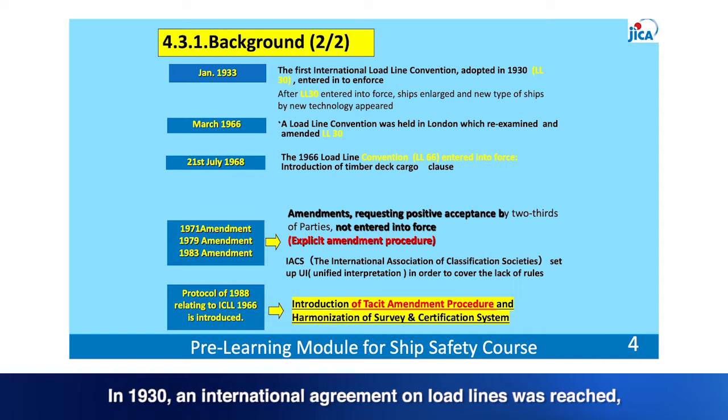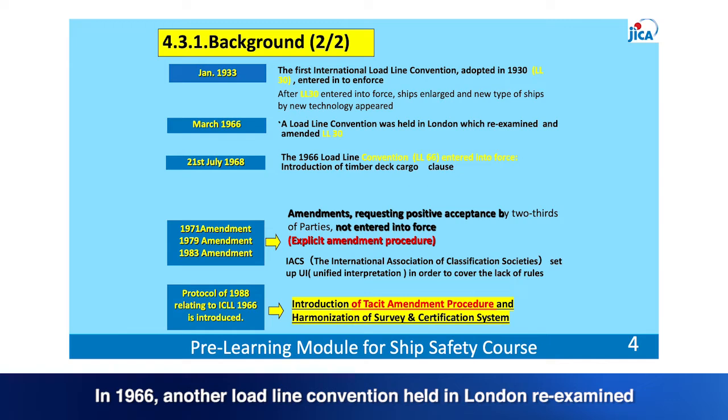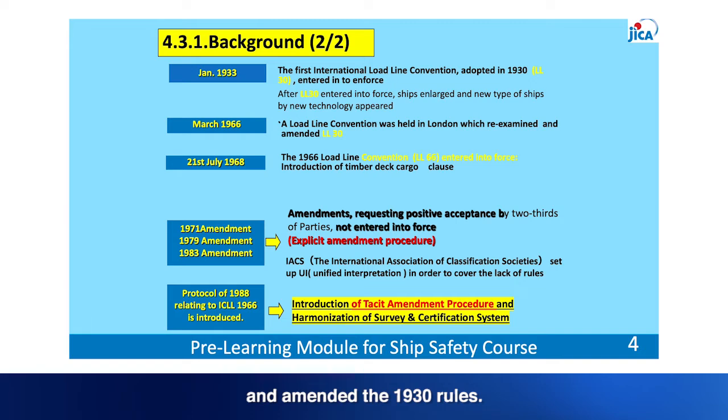In 1930, an international agreement on loadlines was reached, and the 1930 Loadline Convention was adopted, which entered into force in 1933. In 1966, another Loadline Convention held in London re-examined and amended the 1930 rules. The new Loadline regulations were adopted and came into force on 21 July 1968.